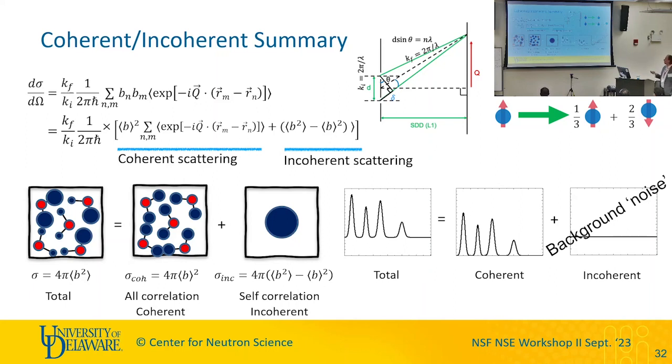And then there's the self part, the incoherent part, which is this background noise, right, because it's just due to this isotope fluctuation that we can't control and we don't know what it is. Hydrogen up and down, right, things like that, for spin. So my total scattering is the sum of what has information about the positions of the atoms and their type in the system, and this background, okay?